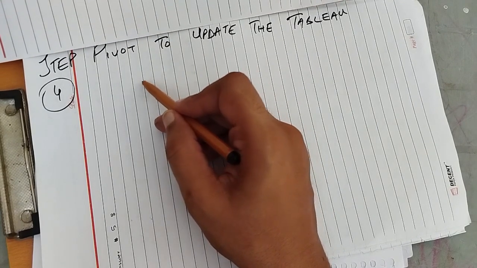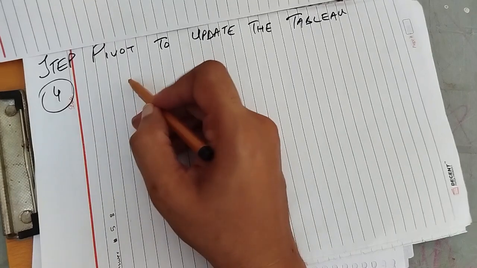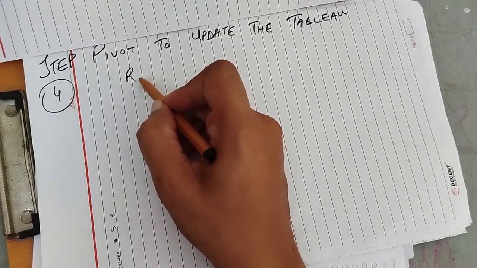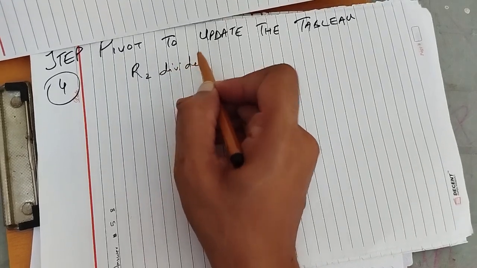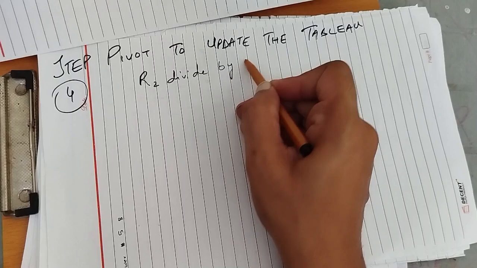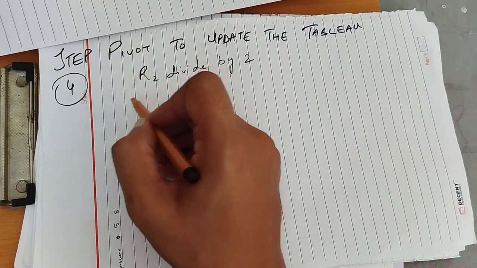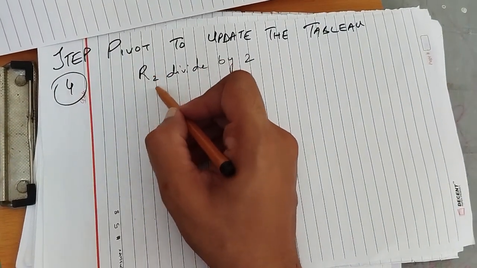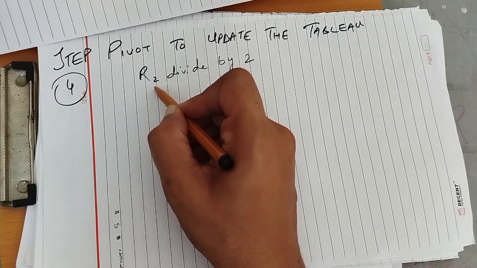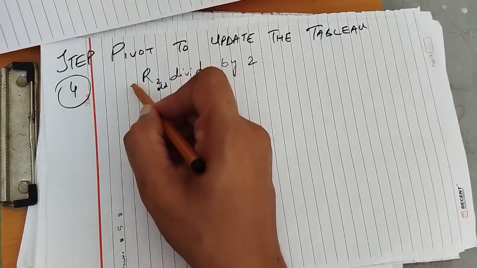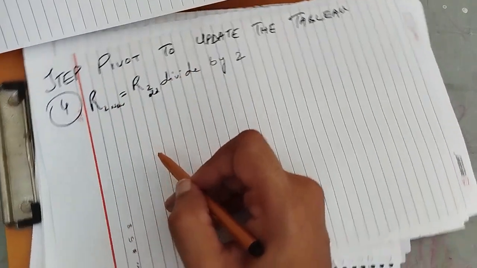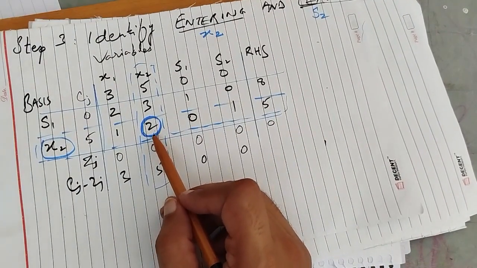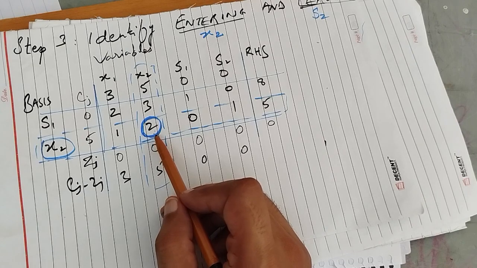The R2, you see, row 2 divided by 2, or we may call it R2 old, so that we remember what R2 new is. So you see R2 old is this, so it is being divided by the 2.